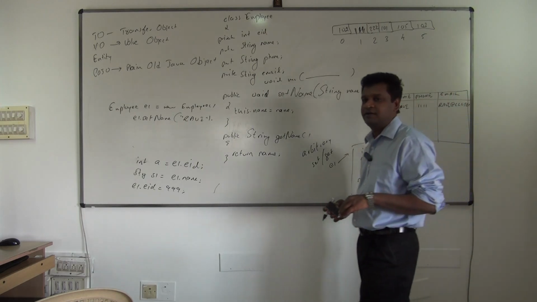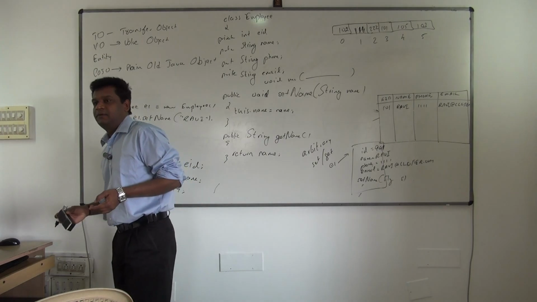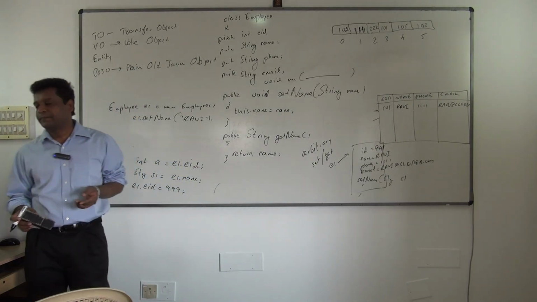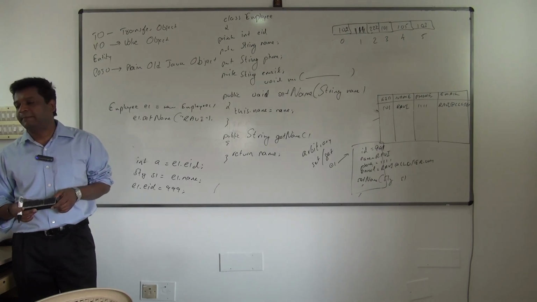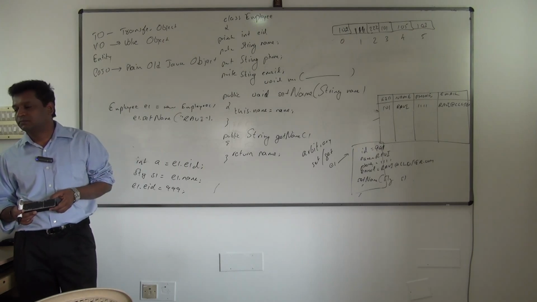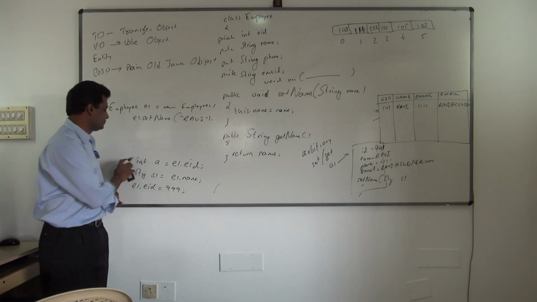A TO is a user defined value object which is used for storing and transferring values from one method to another method.